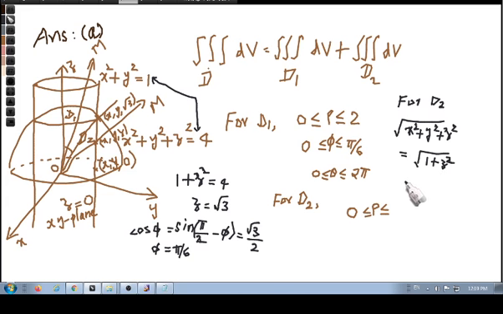So sin pi by 2 minus phi is equal to opposite side z divided by square root of 1 plus z square.